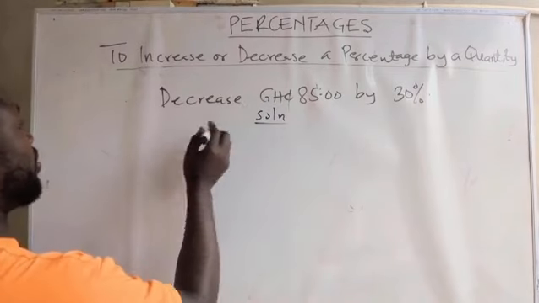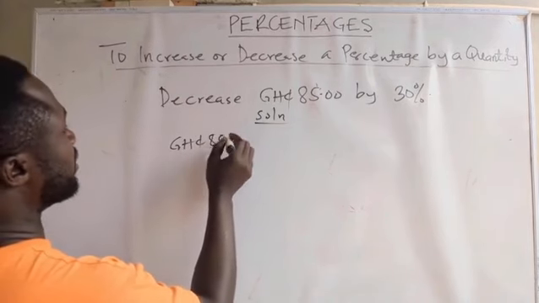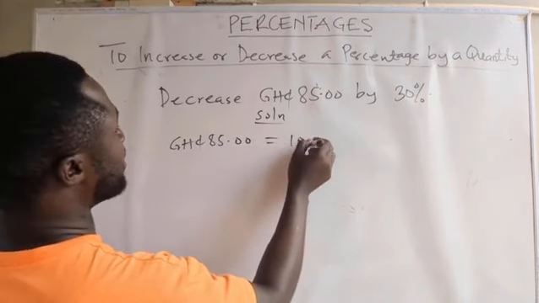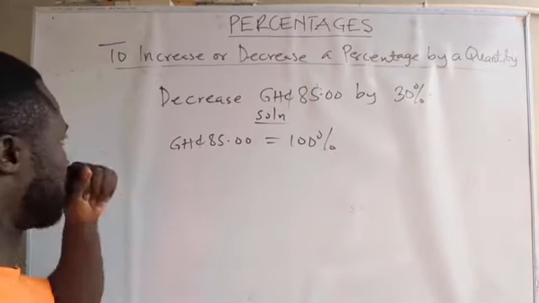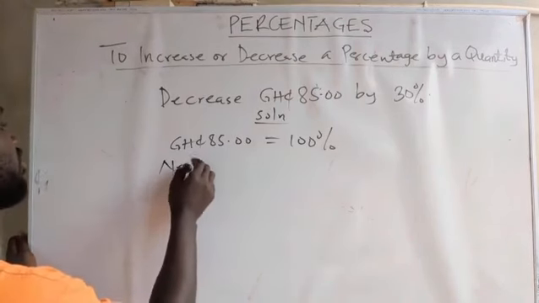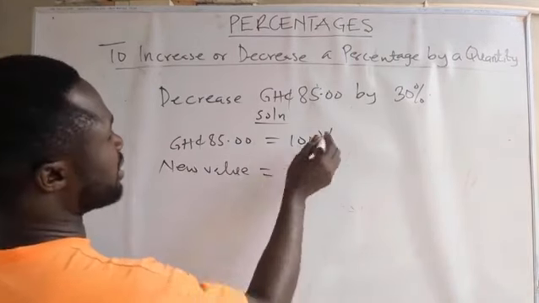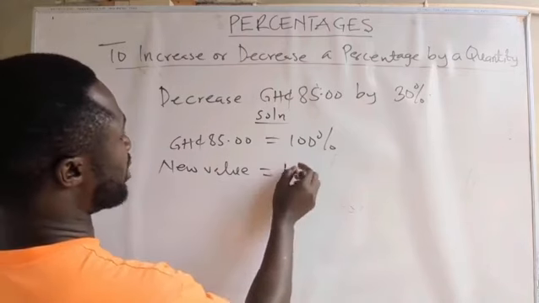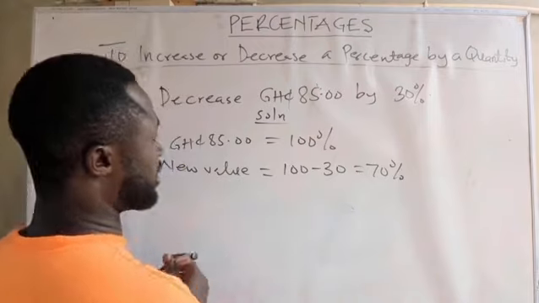So always the original, which is the 85, will correspond to how many percent? 100%. So that is the actual value. Then the new value will be how many percent? Since I'm decreasing, it will be 100 minus 30, and that will give us 70%.